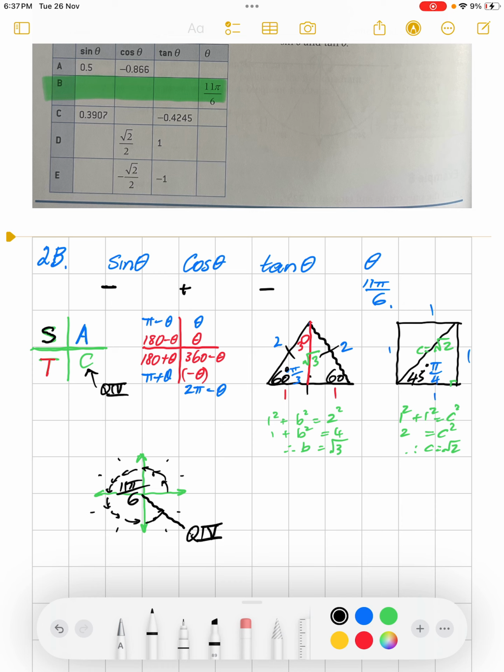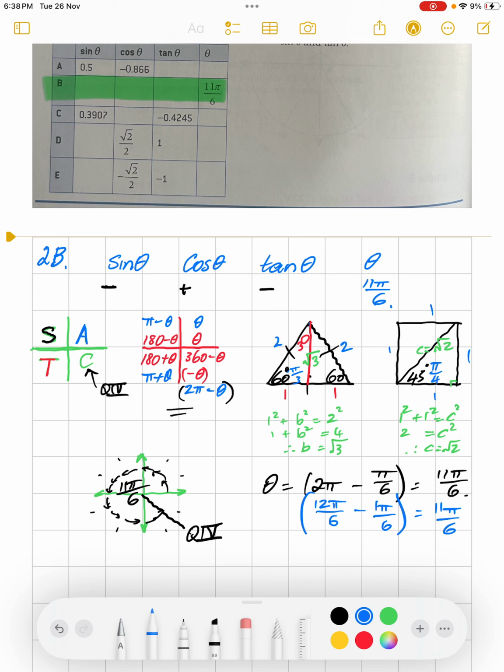Now I'm going to use this concept here to get 11 pi over 6. If I go to this rule here, 2 pi minus pi over 6, that is what 11 pi over 6 is. 12 pi over 6, that's 2 pi, minus 1 pi over 6, that's 11 pi over 6.